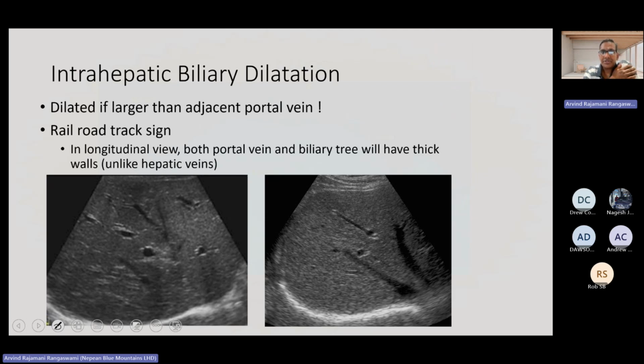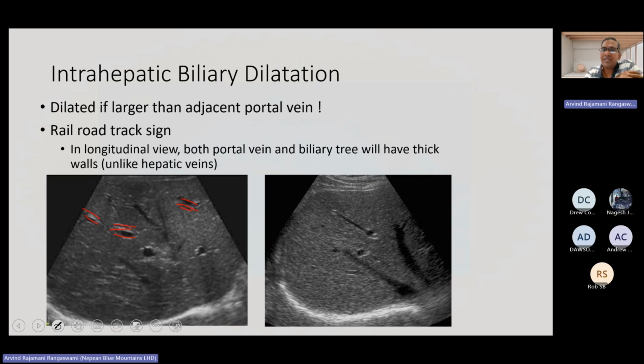Intrahepatic biliary dilation. Okay, what you do is you look for when it is dilated. If you have a railroad track sign, which is multiple tracks like this, track marks like this, then this is abnormal. Normally the liver has the portal venous flow. Okay, that is completely normal.